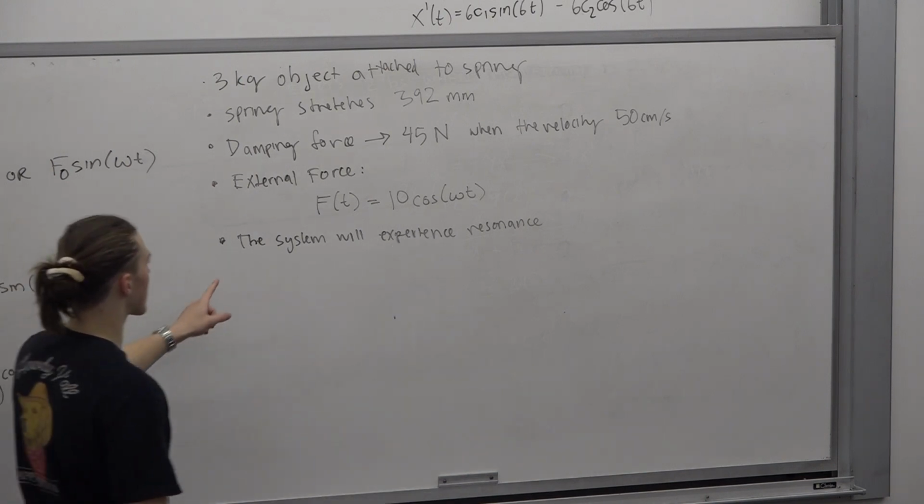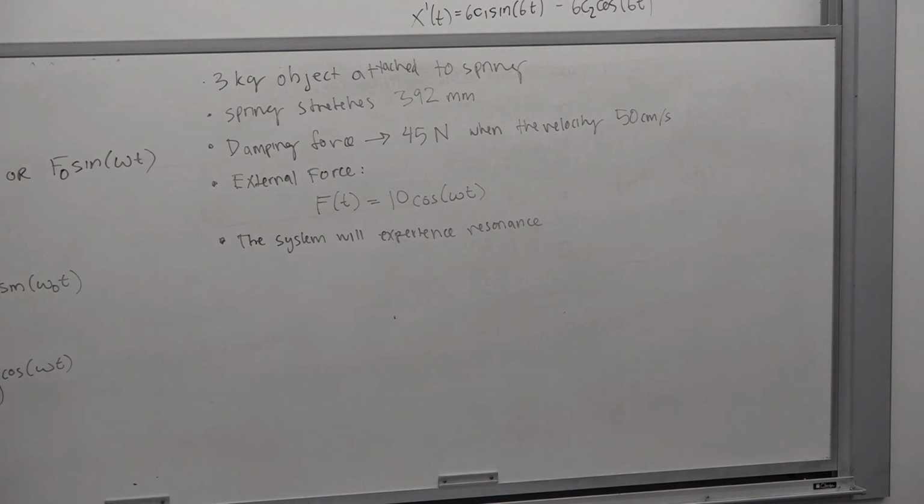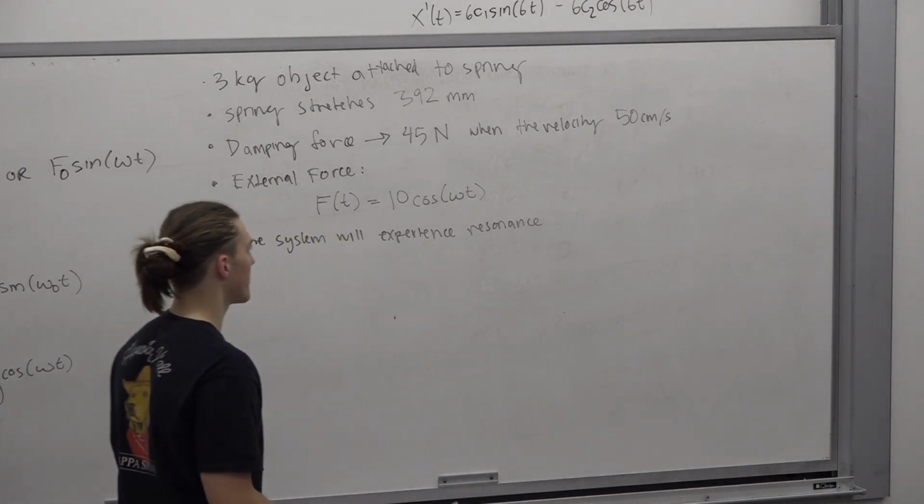But it does say the system will experience resonance, which means that we're in this case right now. This is the resonant frequency that we can find just from the spring itself, like we did before. So that means that the period of the periodic function is the same as the period of our spring system, and therefore the system will experience resonance.